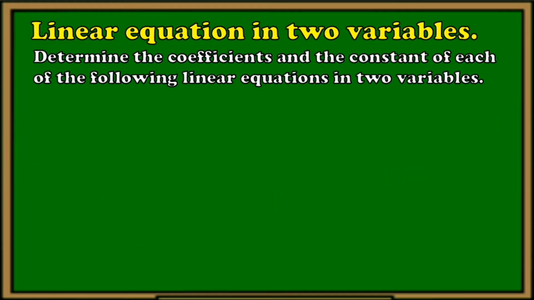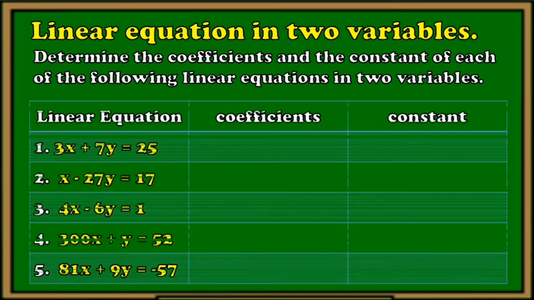Now let's determine the coefficients and the constant of each of the following linear equations in two variables. For the coefficients, these are the numbers before the letters, or what we call numerical coefficients.